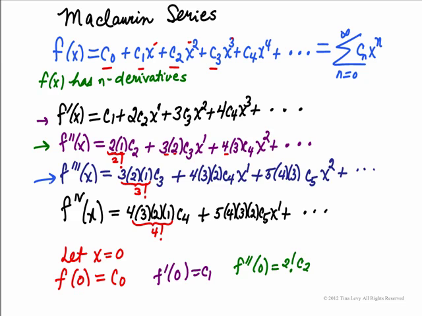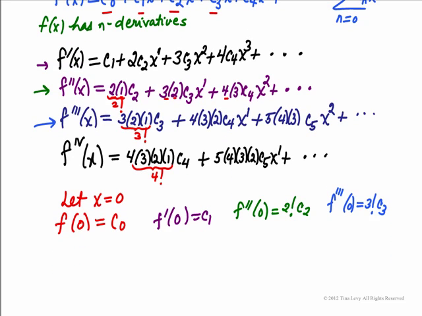Letting 0 for x in the third one gives me the third derivative at 0 is 3 factorial c sub 3, because all these x's become 0. Looking at this pattern, I can see that the nth derivative at 0 would be n factorial c sub n.